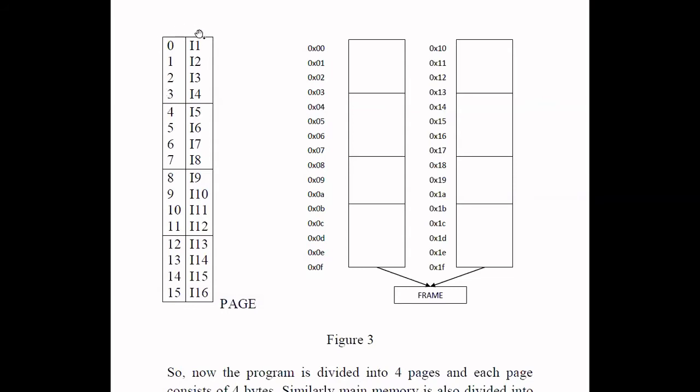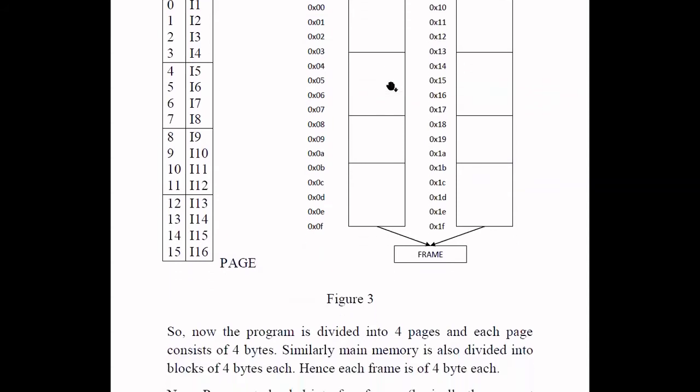The first block represented here is the first page. The next block is the second page, then the third and fourth, and so on. The first page has 4 bytes of instruction. Similarly, the second page has 4 bytes. So every page size is similar to the frame size. This is something very important to be noted down. The page size here is the same as the frame size. This is very important.